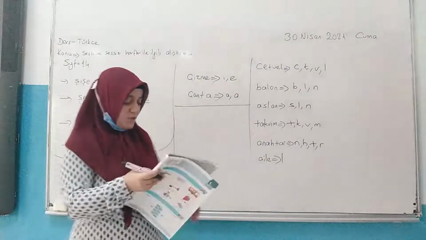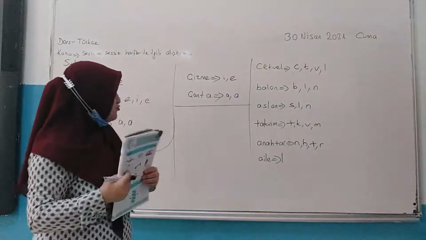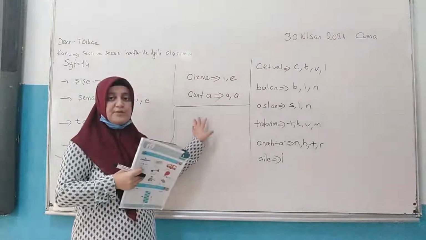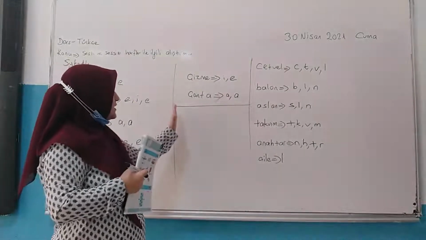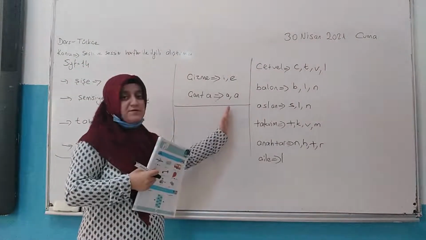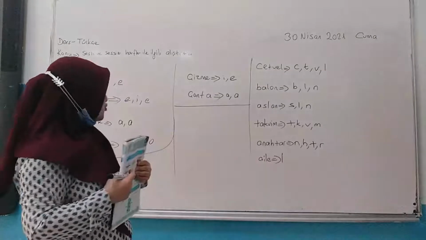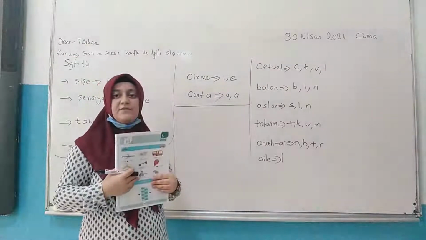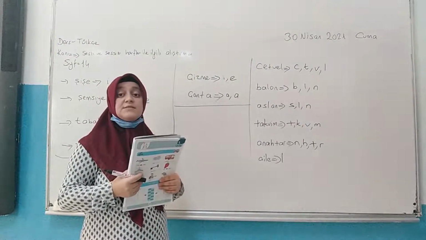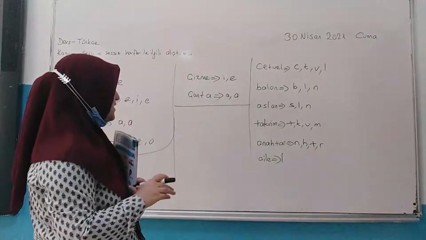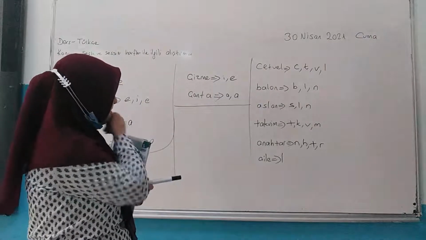Okay? So, now I want to make one table showing the category for consonant sound and vowel sound. You can keep it in your mind. Also, at the end of the class, I will give you some tasks related to this subject. Okay? So I want to write it here.